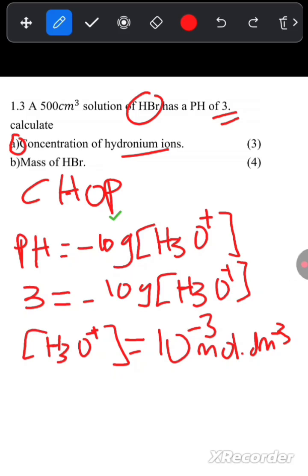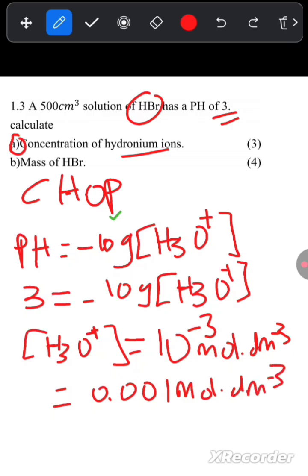Right? If you want, you can write it in decimals. In decimals, that will be 0.001 mole per cubic decimeter. That is the concentration of hydronium ions. So we got it. We are done.